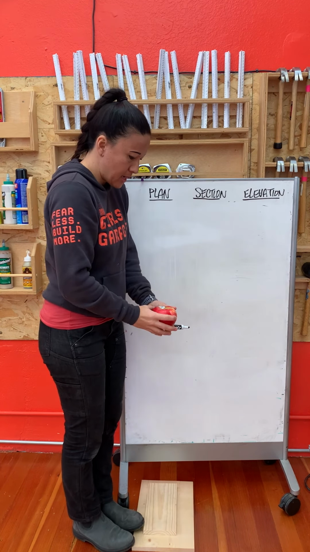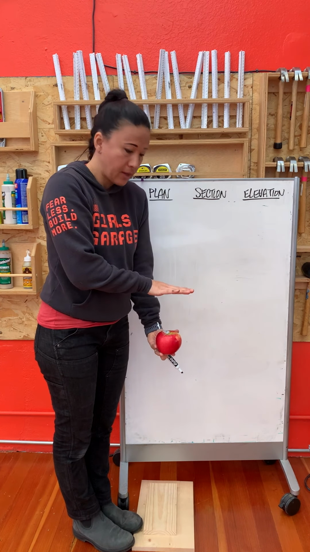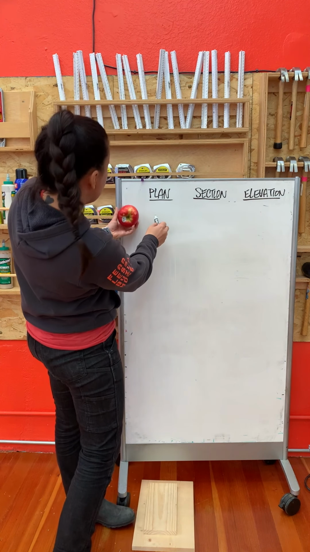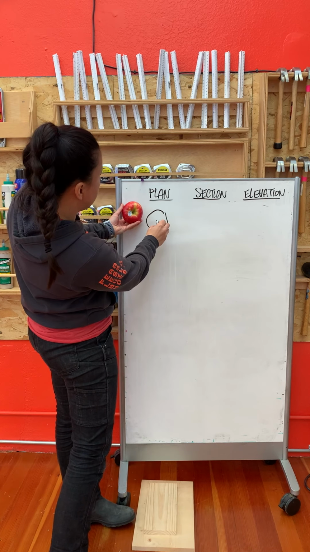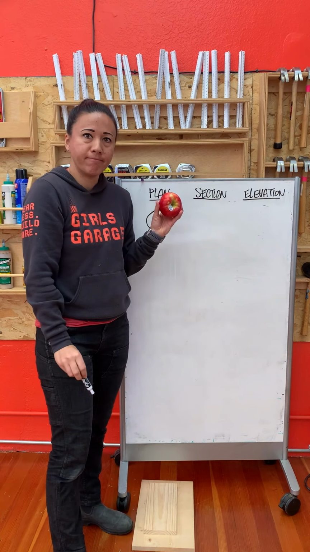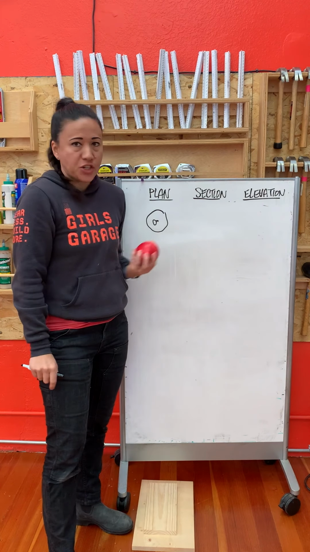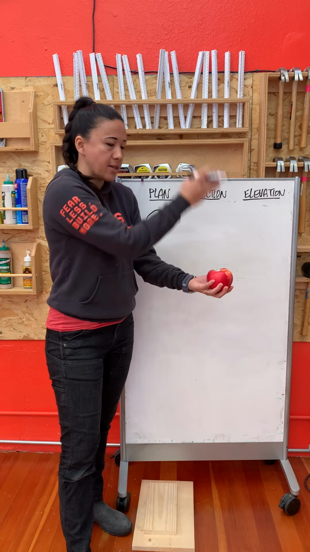So a plan is a view of an object or a building looking down on it. So if I look down on my apple, what do I see? I see the overall shape. I see a stem and a sticker. Apple plan, check.